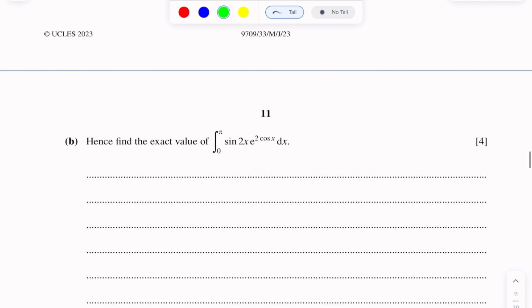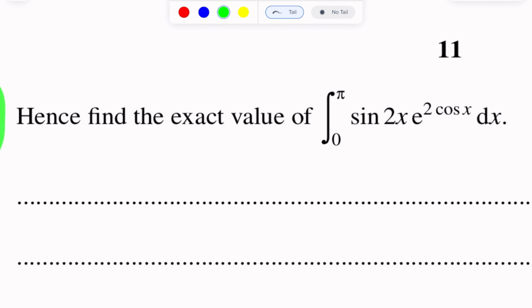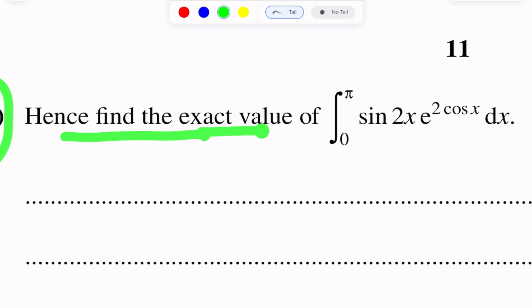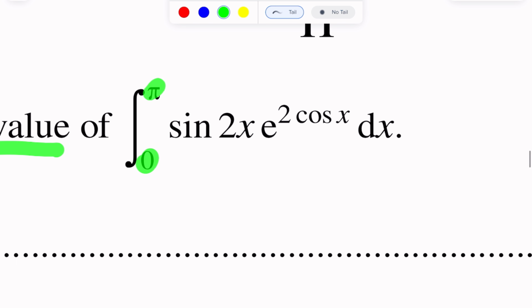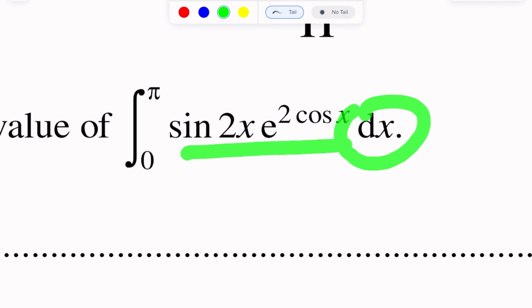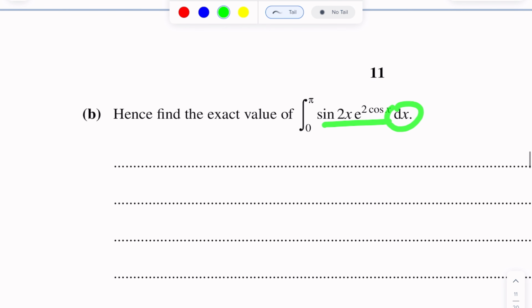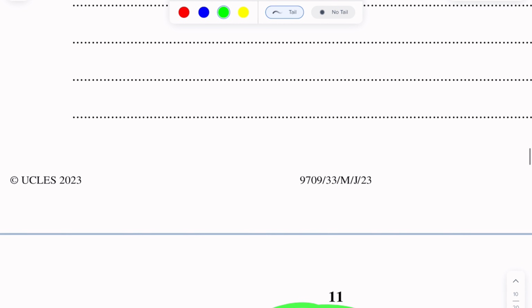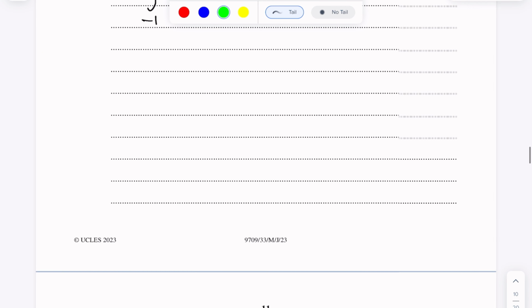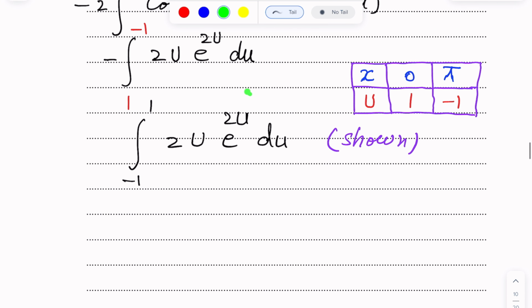The next part of this question, part B: hence find the exact value of the integral from 0 to pi of sine 2x e power 2 cos x with respect to x. Now we are not using this integral, but we use the other form of the integral which we have just shown.